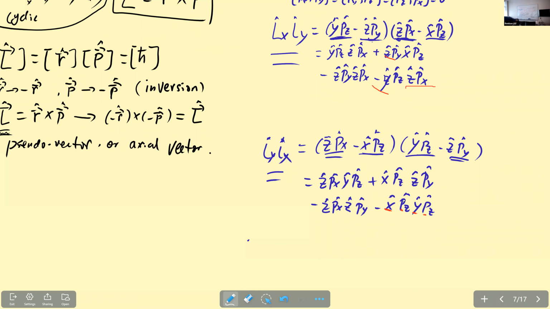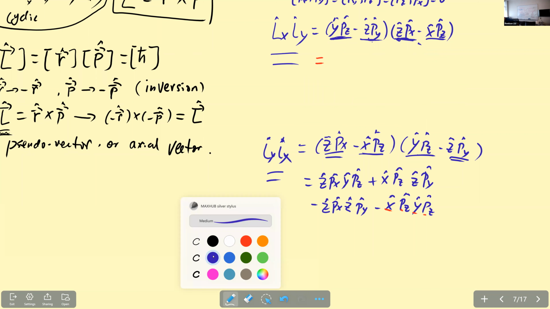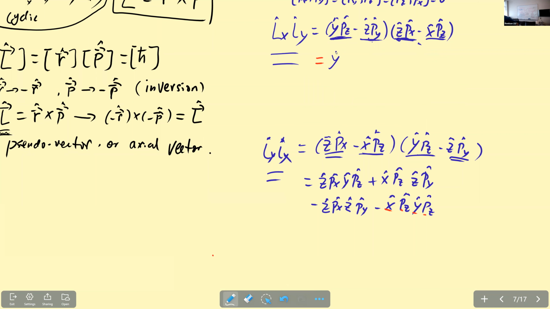Okay, let's see. This is Y Pz Z Px. Okay, that's this term and this term, and then Z Py X Pz, right?